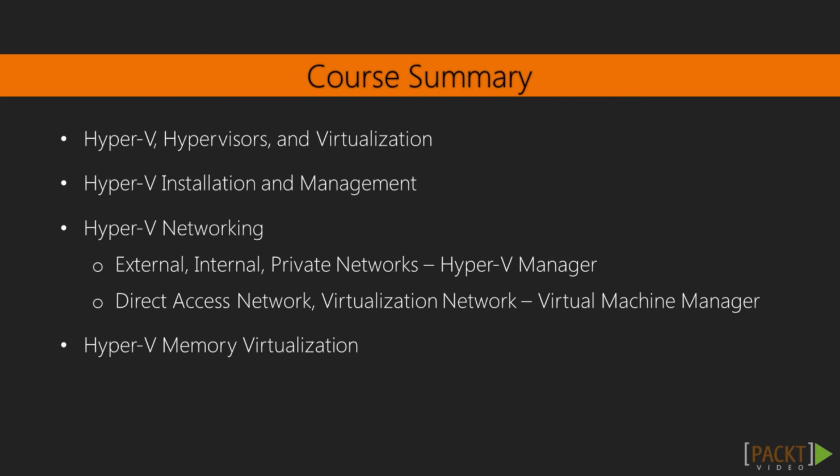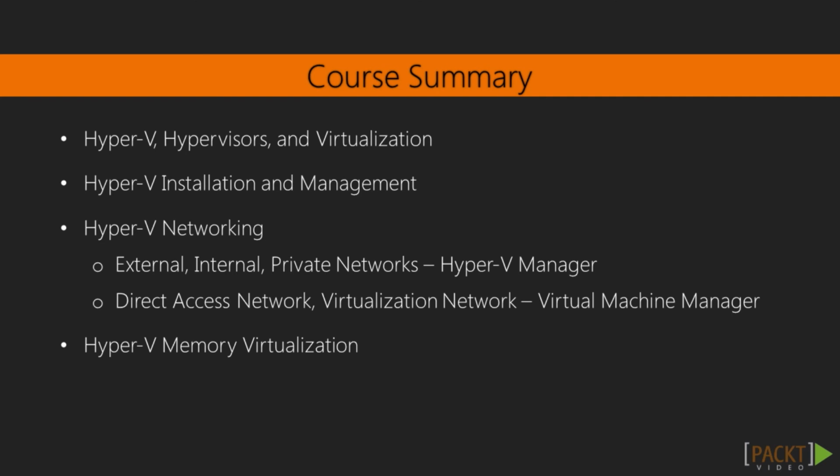We started the course with an introduction to Hyper-V and hypervisors in general. We then progressed to installing Hyper-V 2016, followed by installation of the most important pieces for managing Hyper-V, that being Hyper-V Manager and System Center Virtual Machine Manager. We did a deep dive on network virtualization where you learned about external, internal, and private networks and how to configure them in Hyper-V Manager.